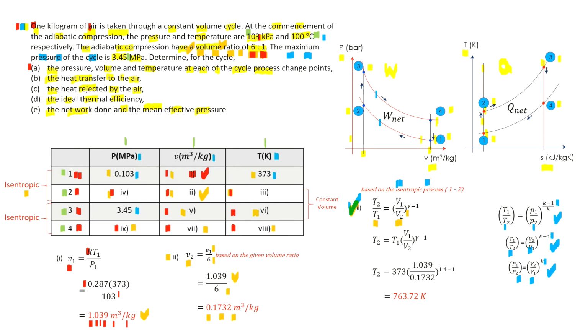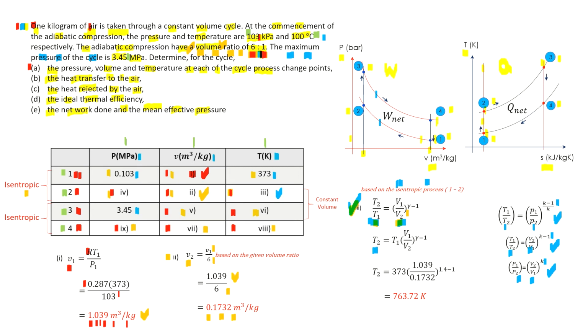Since the question has given us the volume ratio, it is better for us to use the temperature volume relationship. Since T2 is unknown, we take T2 to be the subject.